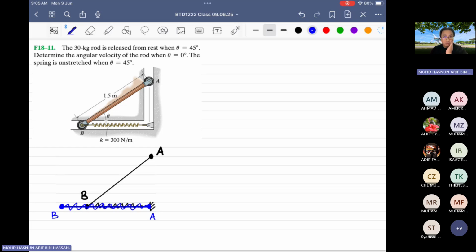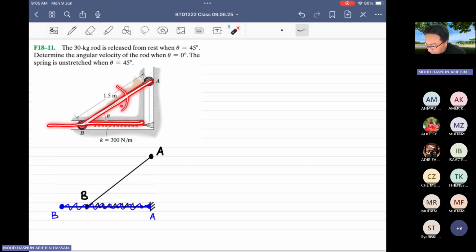So let me ask you, what is the type of motion of this object? Is it rotation? Translation? Are you sure? GPM. Yes, this is general plane motion. If you look closely, initially the object is here, and then the object is down here.